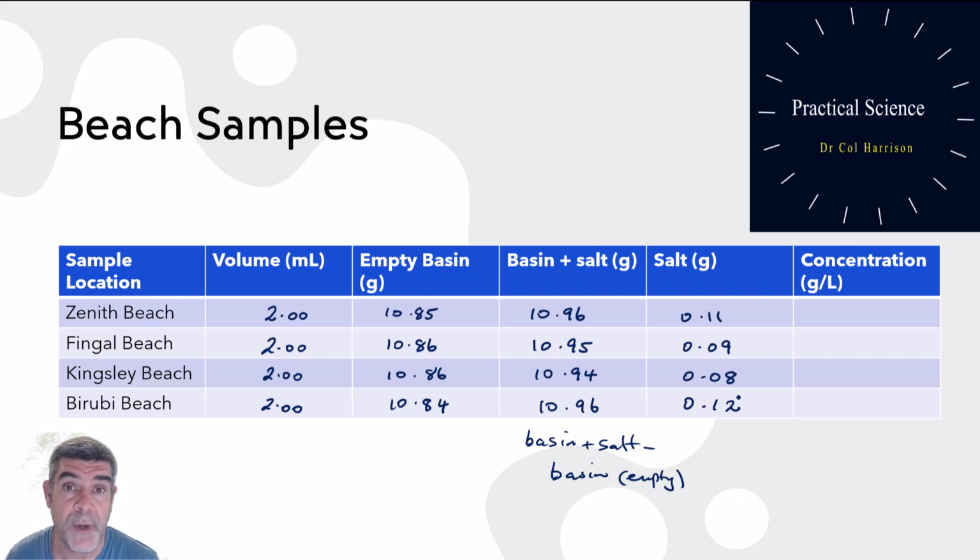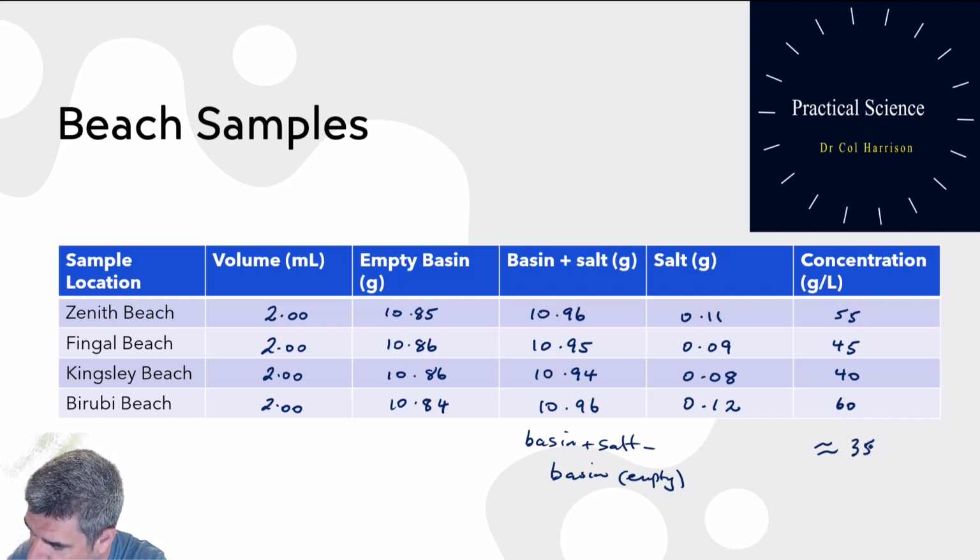So if we divide by 2 and then multiply by 1,000, we're looking at about 55, 45, 40, and 60. Now, I should tell you that the theoretical value for the salinity of the oceans is probably around about the 35 grams per litre mark. So we're in the ballpark.